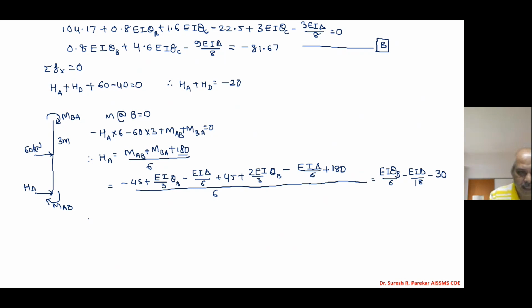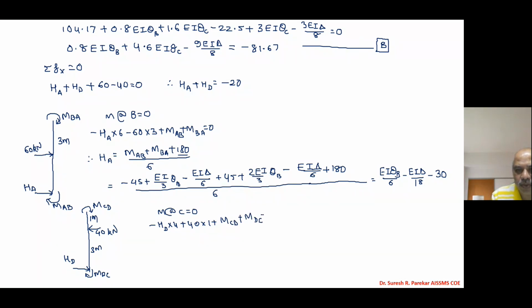Then we will consider the second column where we have a load of 40 kilonewton. This we have 1 meter. This is 3 meters. Then we have MCD, we have MDC. And then this is HD. And the same concept, moment about C equal to 0: minus HD into 4 plus 40 into 1 plus MCD plus MDC equal to 0.